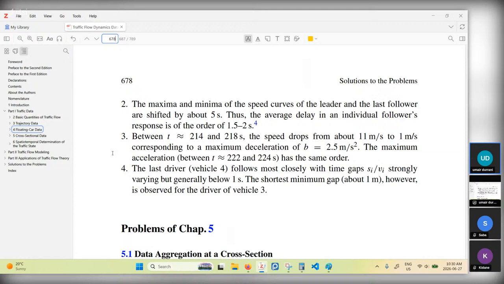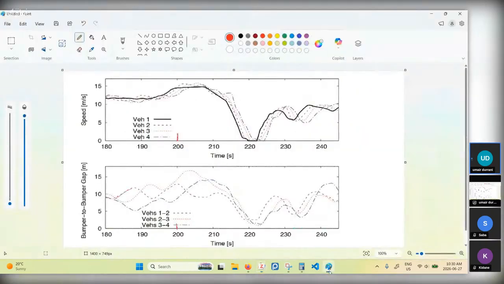It says that this ratio or the time gap is generally below 1 second, and it's talking about this part where we have the smallest gap. So bumper to bumper gap here. I think this is SI minus the length of the vehicle.